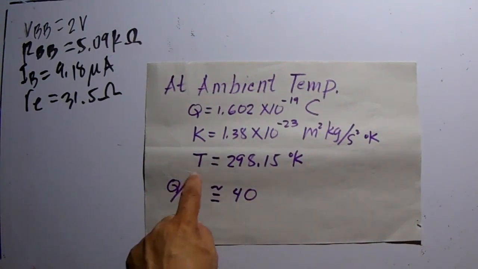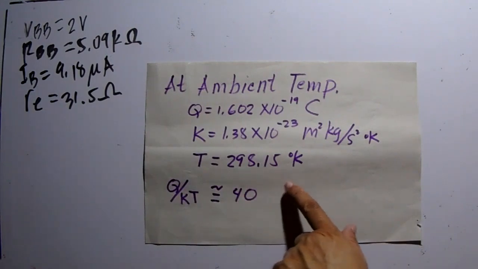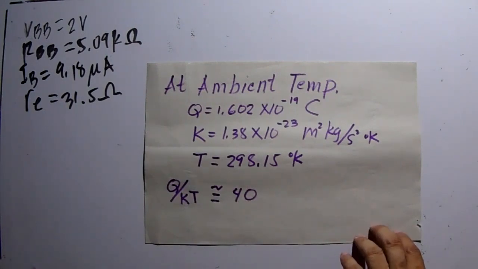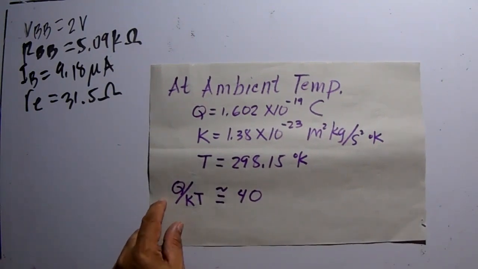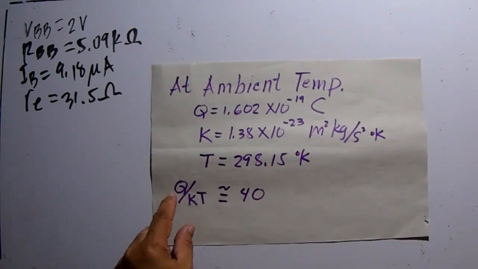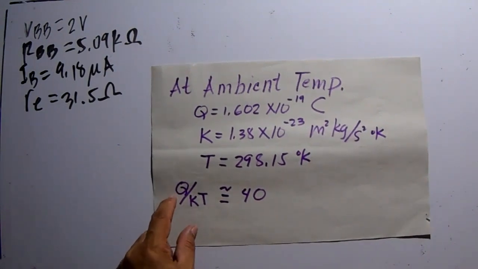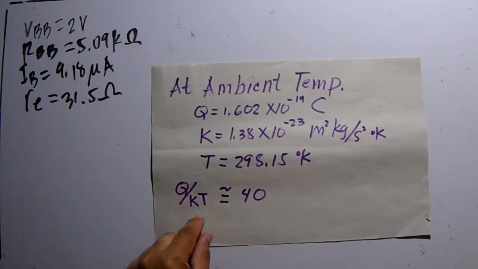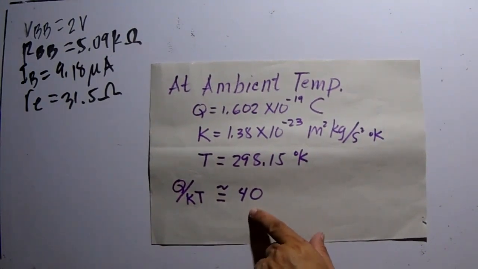And the temperature at ambient temperature, we will use 298.15 degrees Kelvin, such that if we substitute these values, we can get the ratio q over kT to be approximately equal to 40.